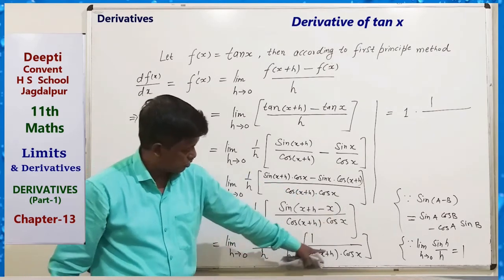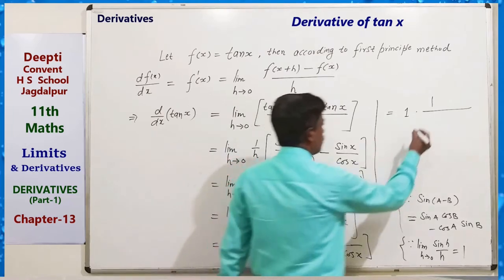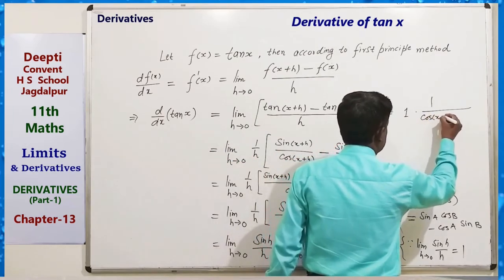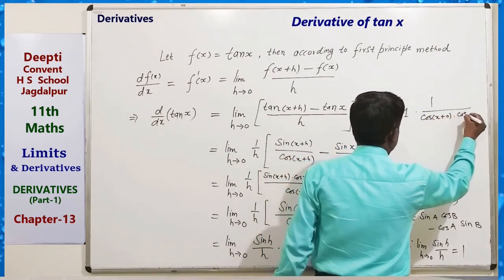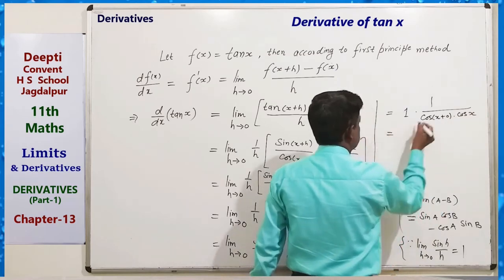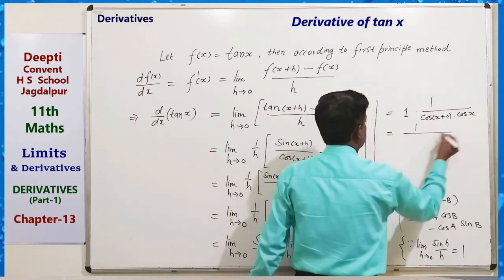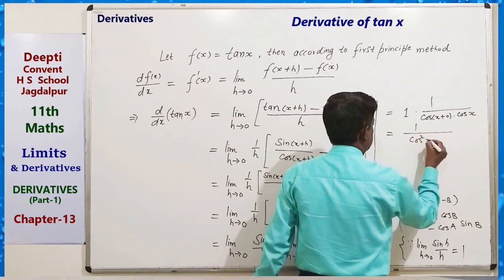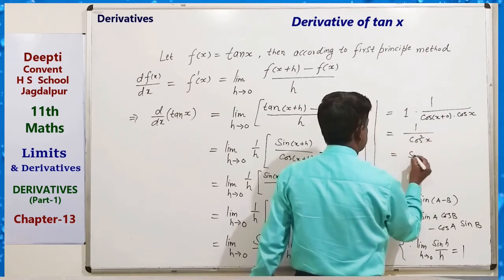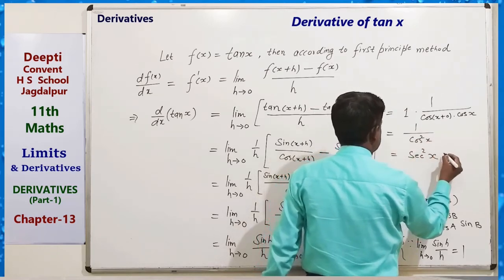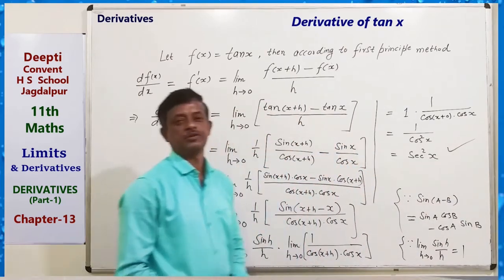Here h equals 0, so cos(x plus 0) into cos x. So 1 upon cos square x equals sec square x.